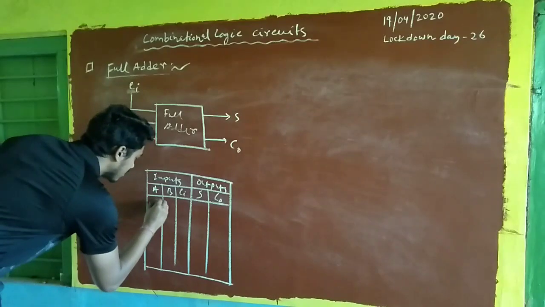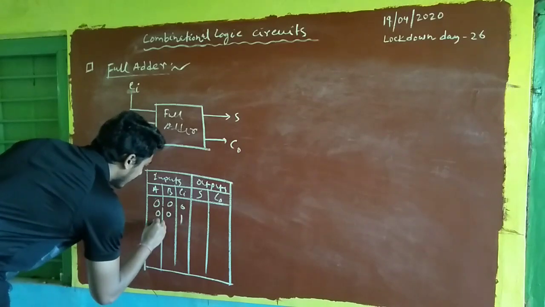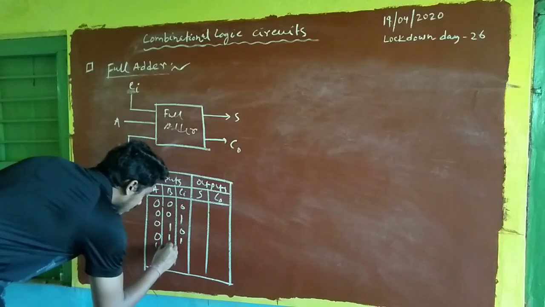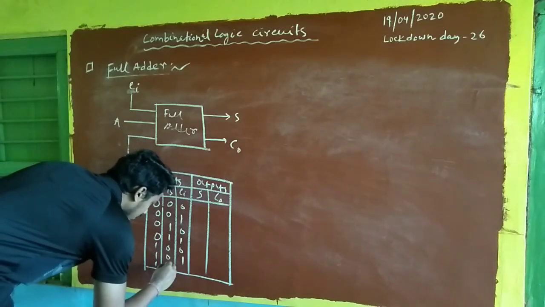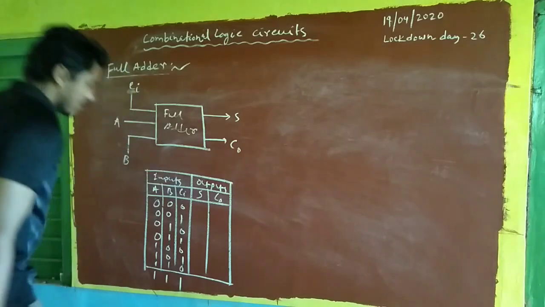First I am writing the possible combinations of input, that is 000, 001, 010, 011, 100, 101, 110 and 111.